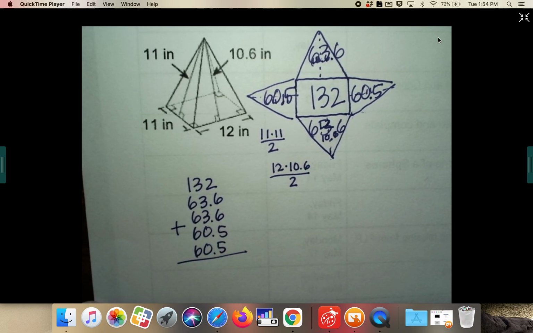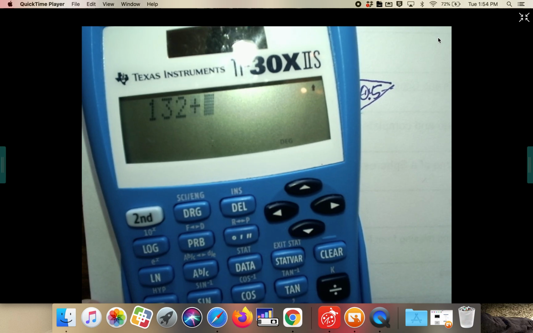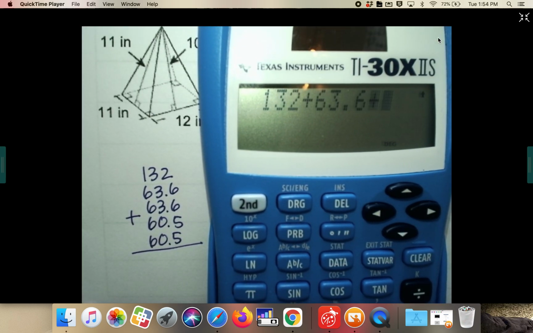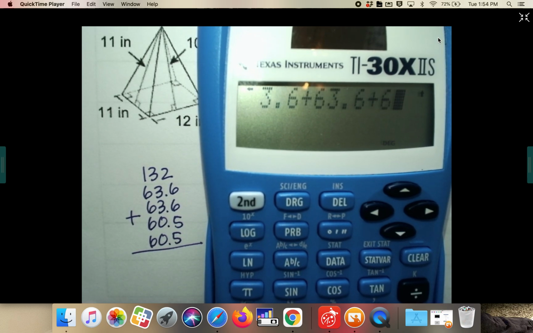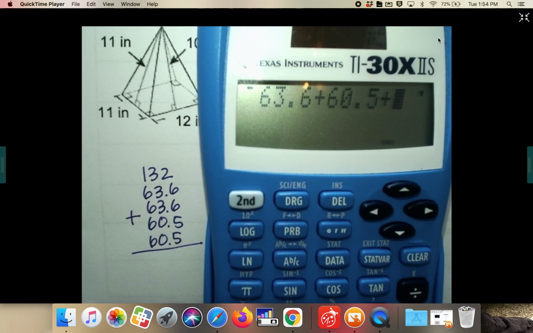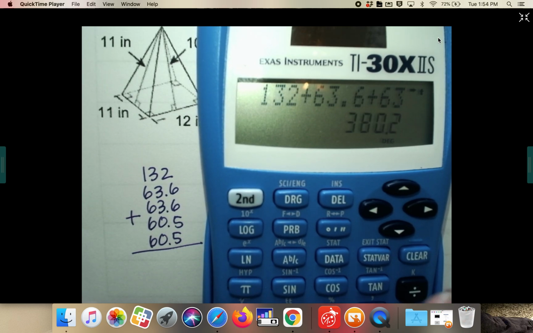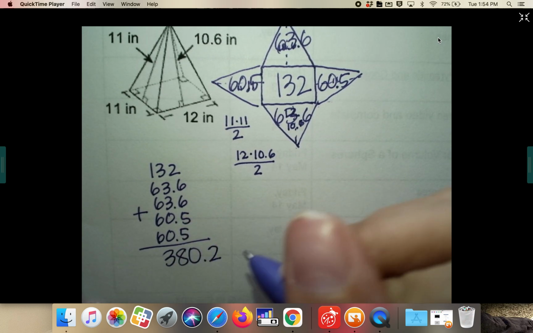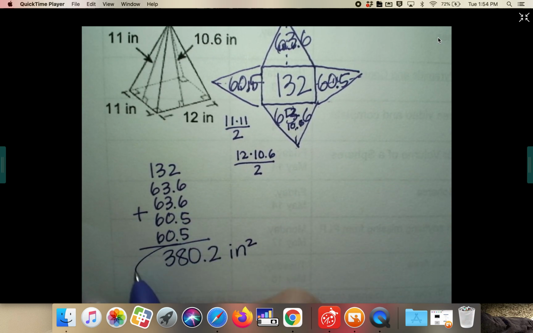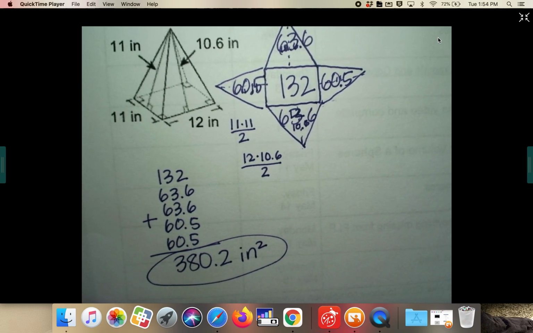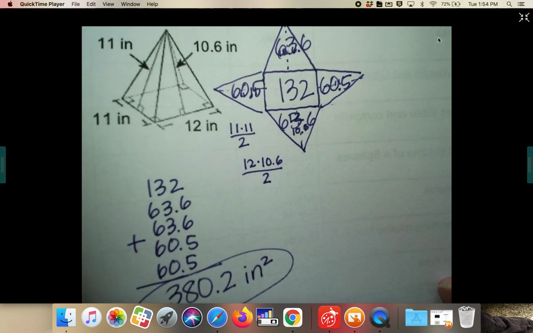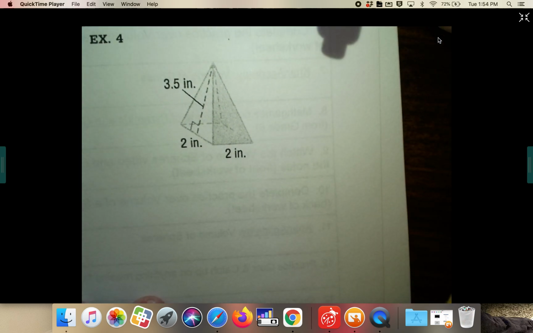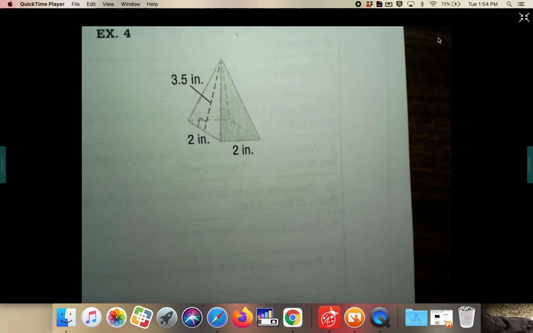I'm going to add them all up. 132 plus 63.6 plus 63.6 plus 60.5 plus 60.5 is 380.2. All right, so if you're just checking your work, be sure that you got 380.2 as a final answer. And if you needed me on this one, go ahead and push pause now to try example 4 on your own, or if you've already tried it on your own, let me go over it with you.